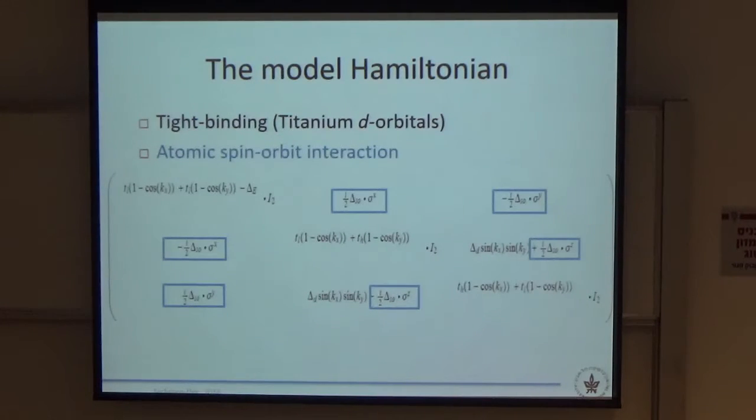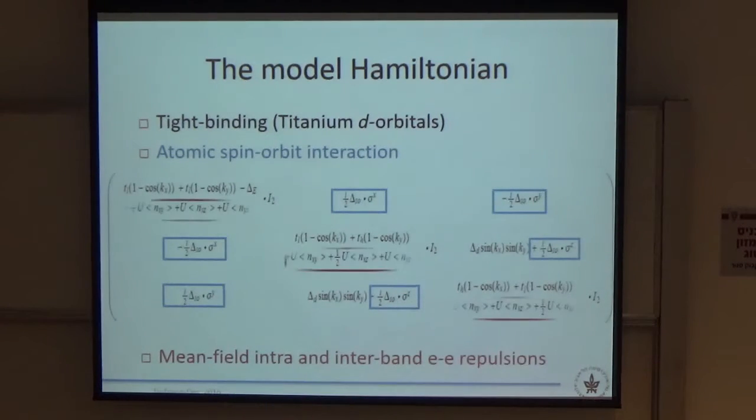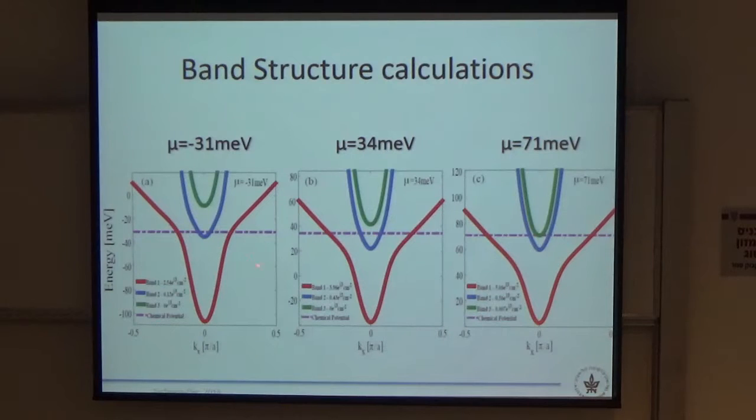Okay, so this is their model. Just know that we calculated it, so we put some average U, and here it's the average carrier density, and eventually we can calculate what's going on.